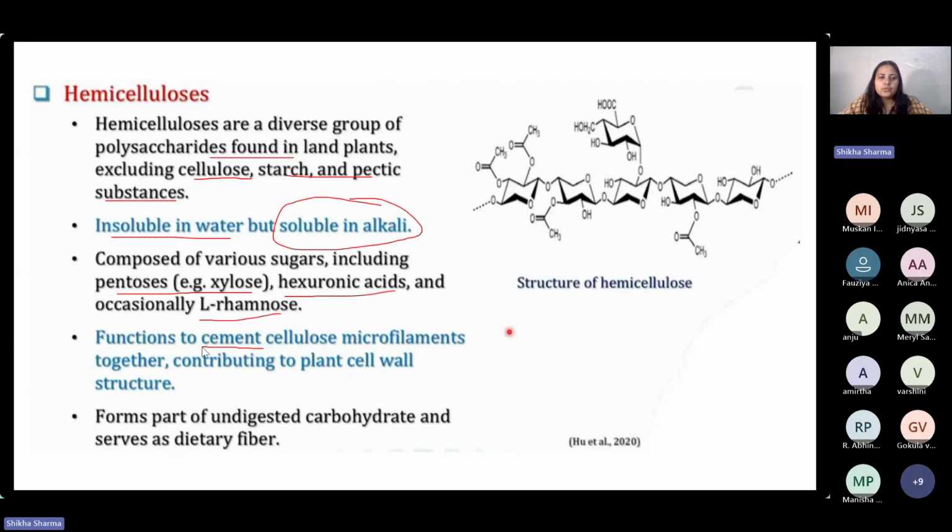Their function is to cement the cellulose microfibrils together, contributing to plant cell wall structure. They form part of the undigestible carbohydrates and also serve as dietary fiber.